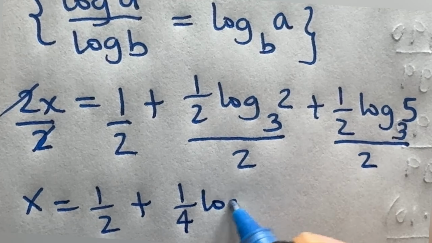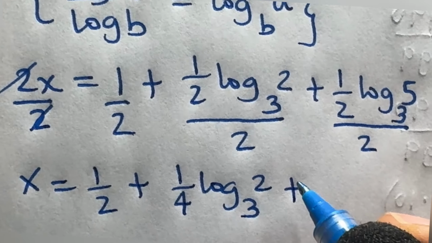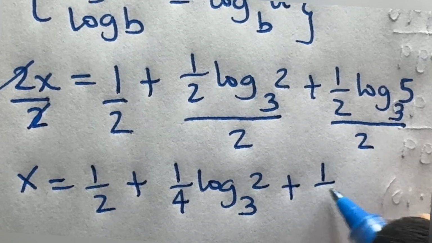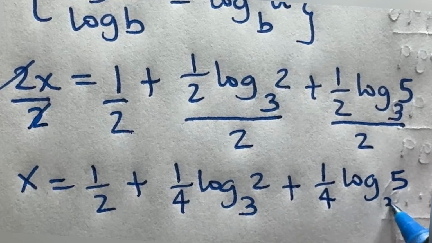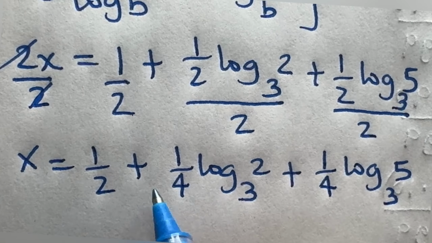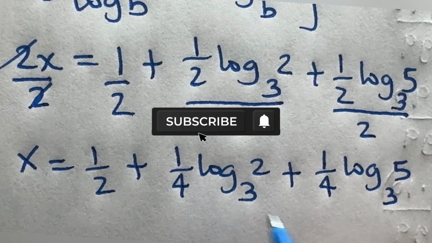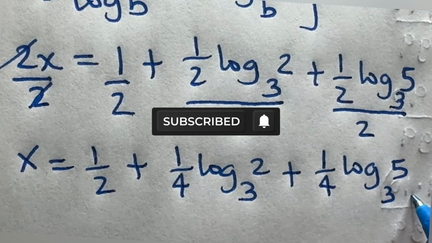Then log 2 base 3 plus the same thing here, 1 over 4 log 5 base 3. So our final answer is x equal to 1 over 2 plus 1 over 4 log 2 base 3 plus 1 over 4 log 5 base 3.